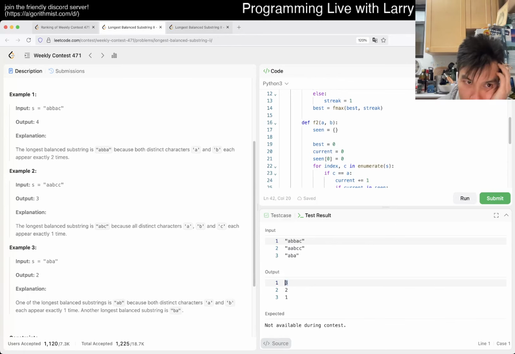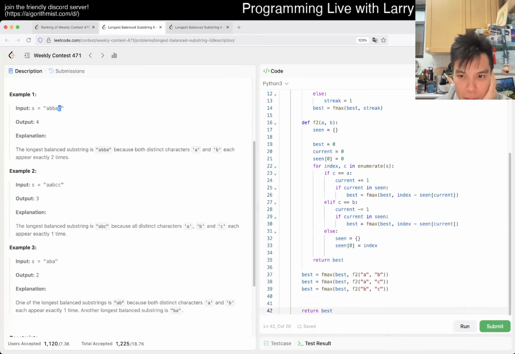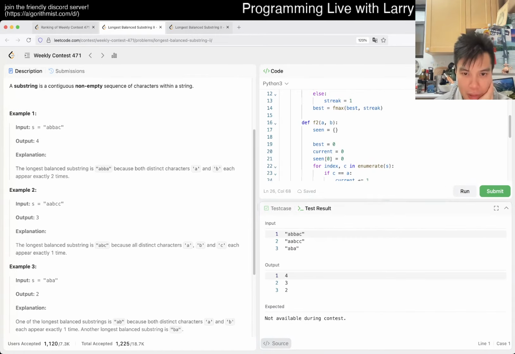No, this should be, oh no, there's a 4. Wait, why does it give me 3? Oh, is this +1? Okay, so this is good, but actually this 3 doesn't even make sense really. Where does the 3 come from?